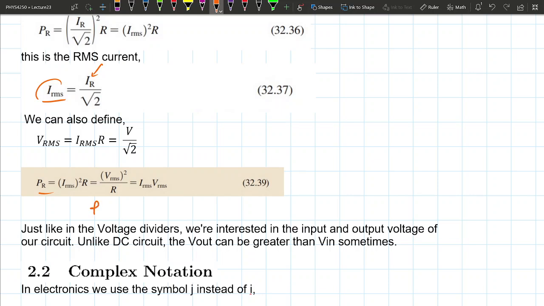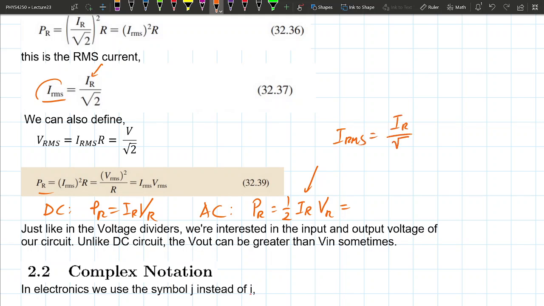So if you're using DC current, power through a resistor is the current through the resistance times the voltage across that resistor. But now if you change to AC, the power through that resistor, you either have to write this 1/2 all the time, or you just replace this with I_RMS all the time, which is equal to whatever the original is divided by square root of 2.